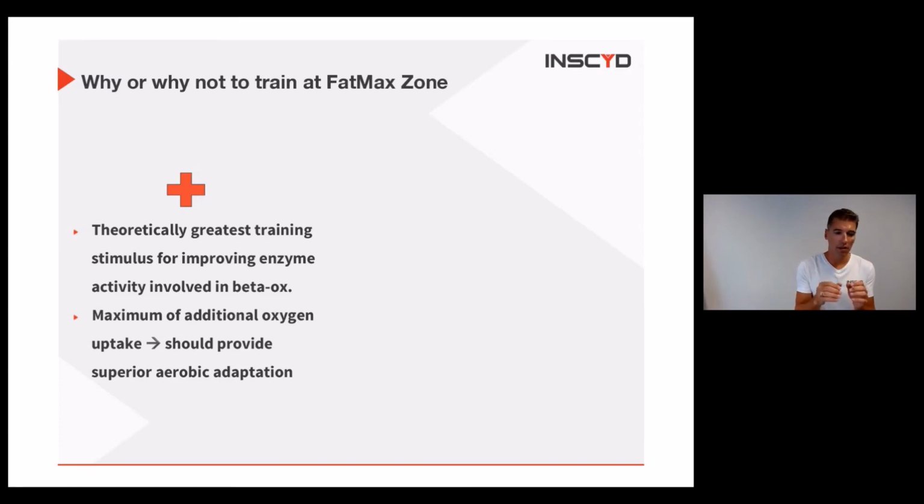It's because you're running at higher VO2, right? For the same given power, because of the additional oxygen needed, you need more VO2. So based on everything that's out there in the literature, it should be a superior stimulus to your aerobic system.